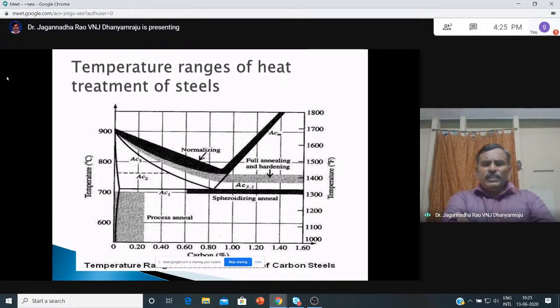And this is BCC, but this has a packing factor of only 0.68, right? That means the void space has changed from 0.26 to 0.32. That means the void space has to increase upon normal cooling.